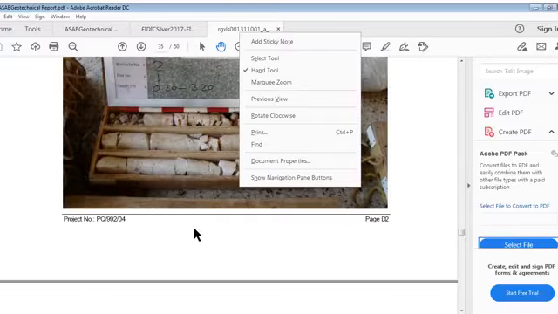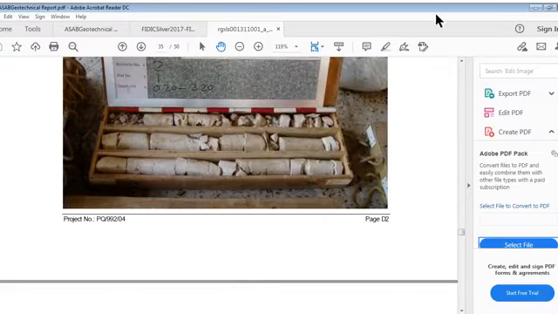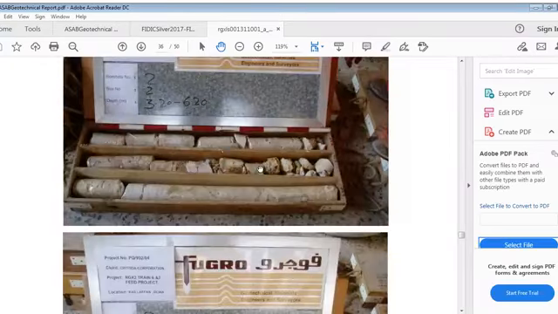Then you can go to the further one. There are such pieces. These are intact pieces. You can consider those.